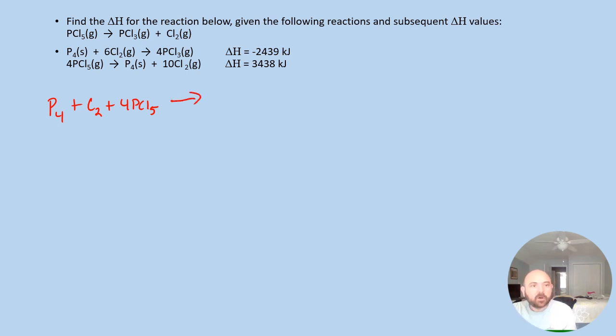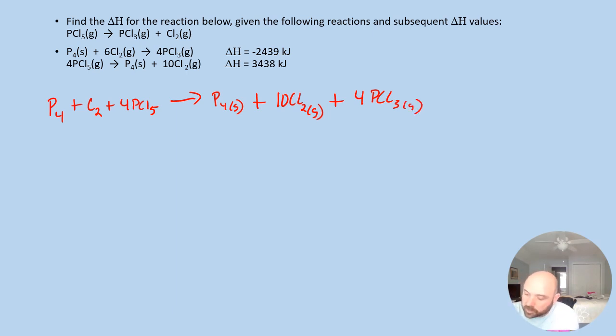And then the products are P4 solid from the bottom equation, 10 Cl2s from the bottom equation, and 4 PCl3s from the top equation. Now we can do some cancellations.